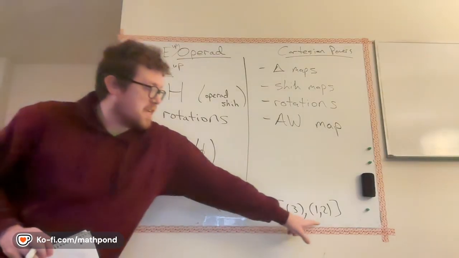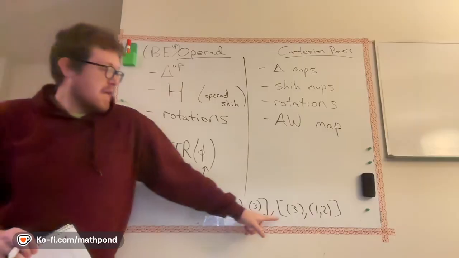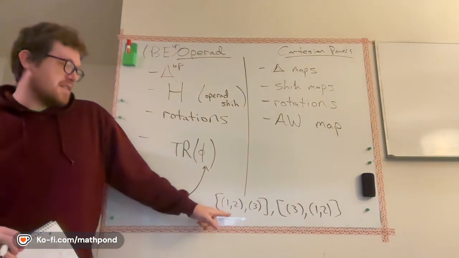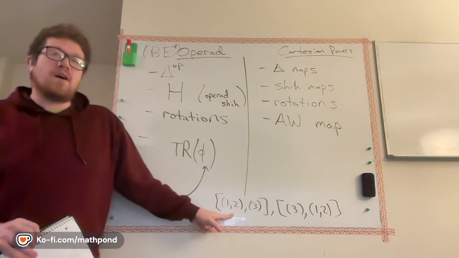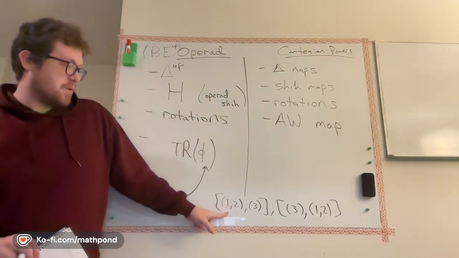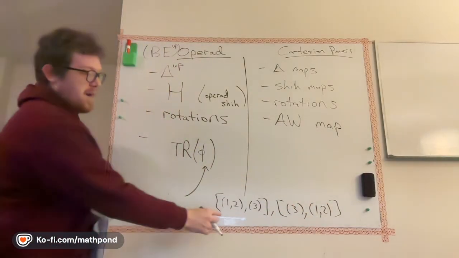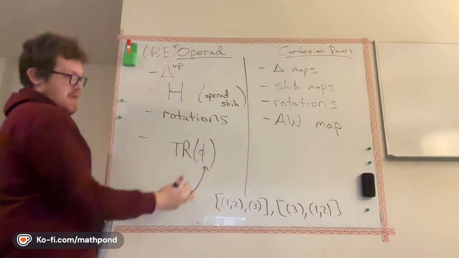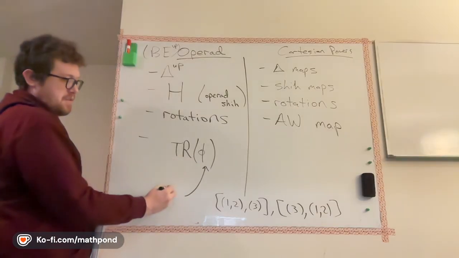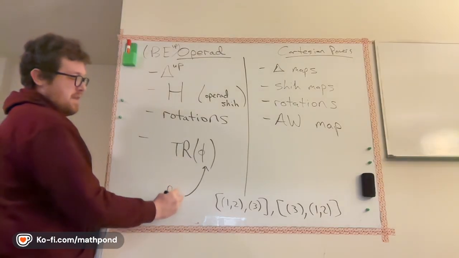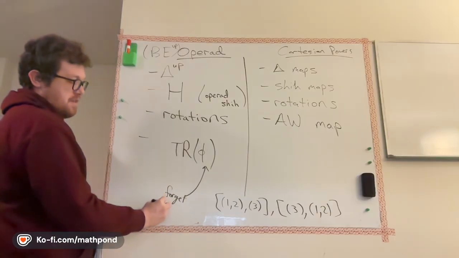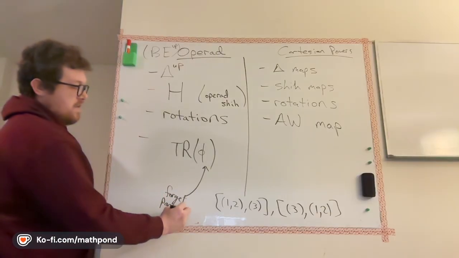It's 2 permutations of 2 partitions. But you can view this as an element in Barrat-Eccles 3, where this is just the permutation 1, 2, 3, and this is 3, 1, 2. So you can forget about the partition information, and that's what this map is doing. So this is forget partition info.